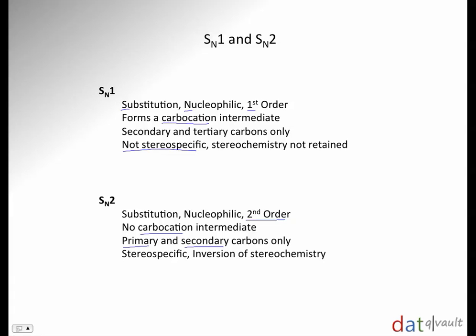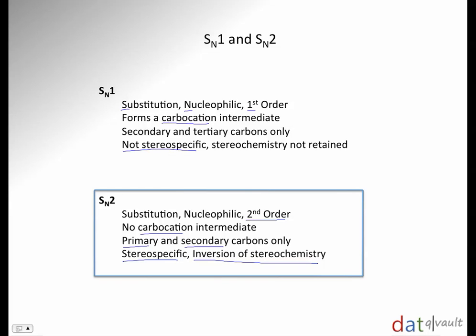SN2 reactions are stereospecific because they go by an inversion of stereochemistry. In this lecture, we're going to focus only on the SN2 mechanism. There is another lecture that focuses specifically on SN1 substitution.